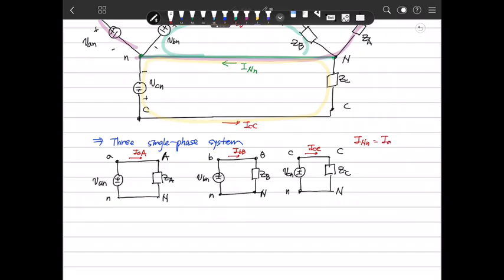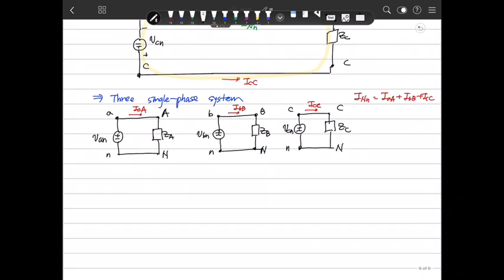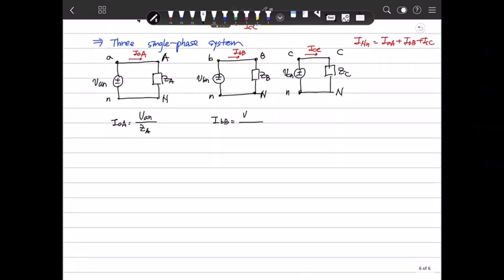INN is the sum of IAA plus IBB plus ICC. So we can calculate this very simply. IAA is VAN divided by GA, IBB is VBN divided by GB, and ICC is VCN divided by GC.